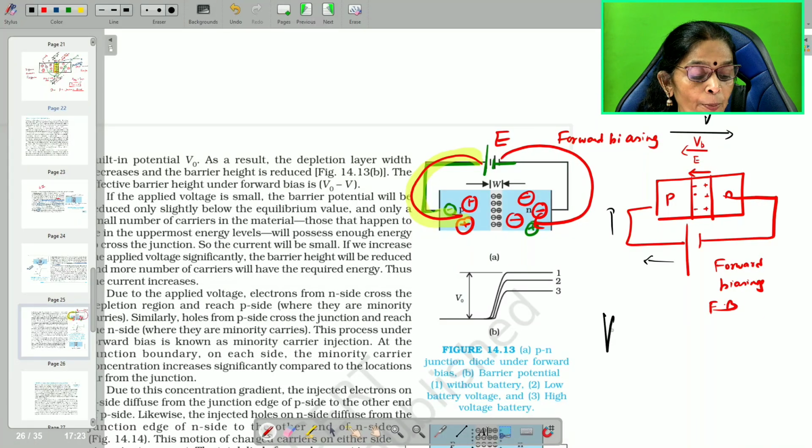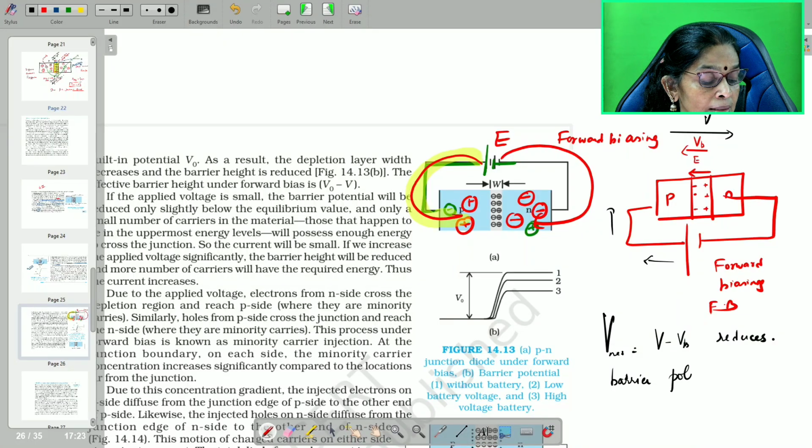So therefore, what will happen to the net potential? It reduces: V minus VB. Since the net potential is reducing, the potential barrier decreases. Barrier potential decreases. Either you can say barrier potential decreases or you can say barrier height decreases.